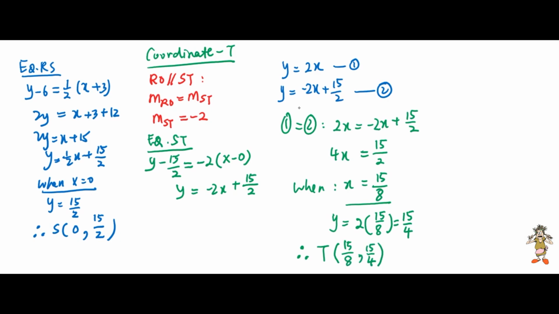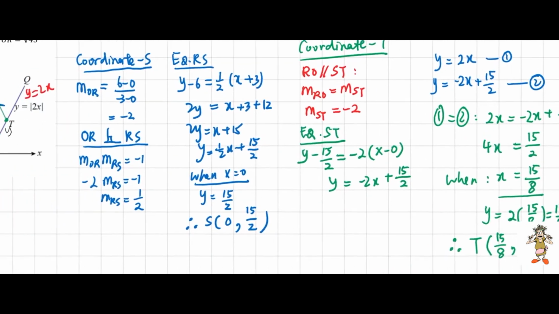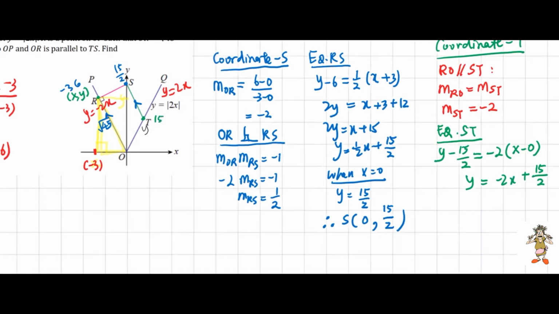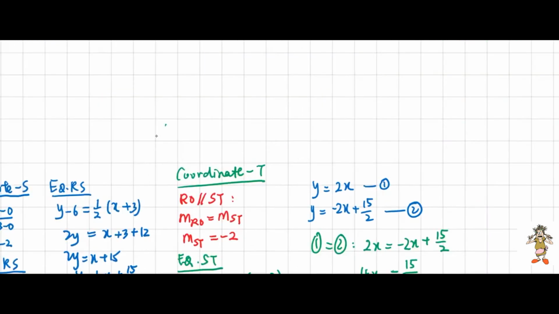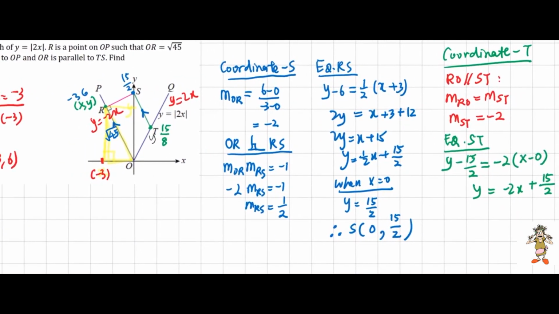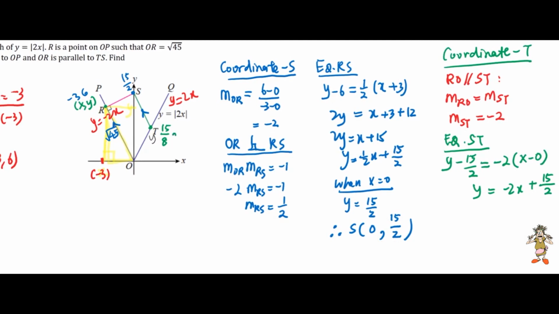Let me write down the coordinate here. Coordinate T is 15 over 8, 15 over 4. So we have settled 3 coordinates.